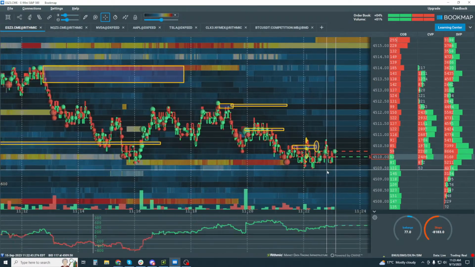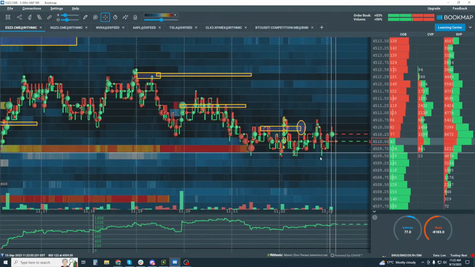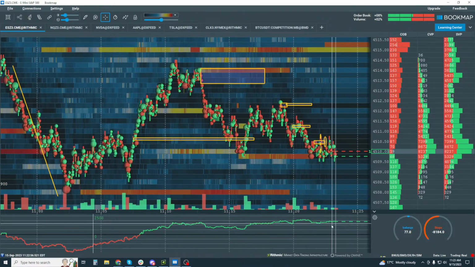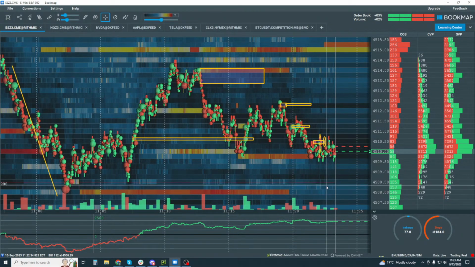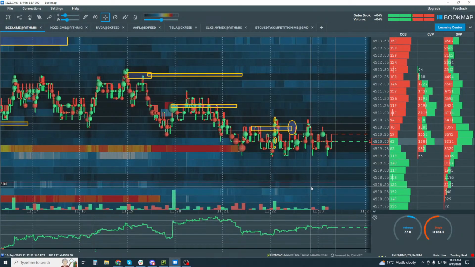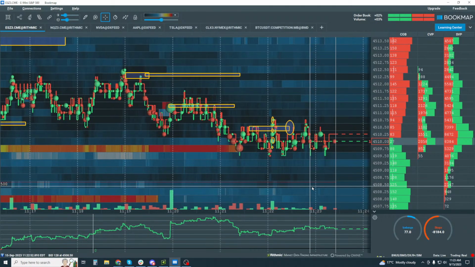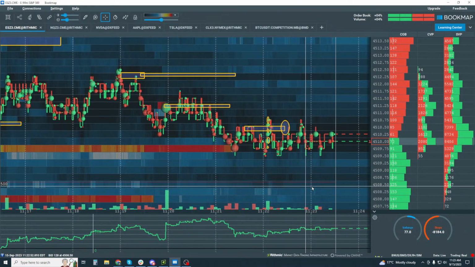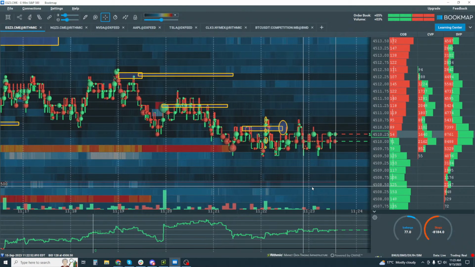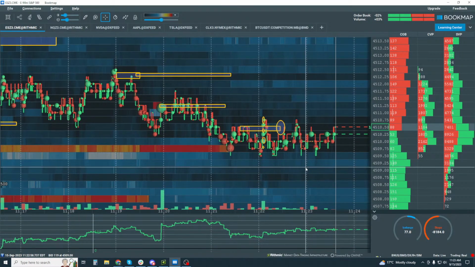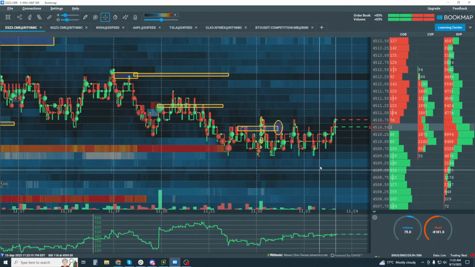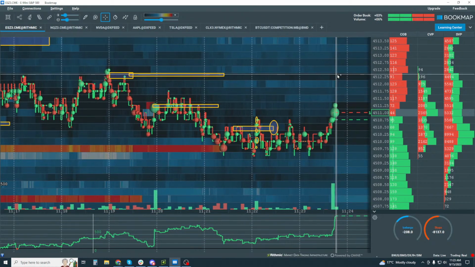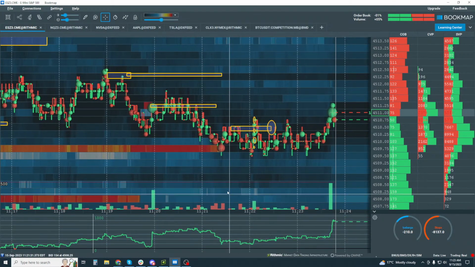Now we're looking for 10 and a half on up to 14 and 15. 10.5. Here they come. Now let's see them just reach up to this 12 and a quarter here.